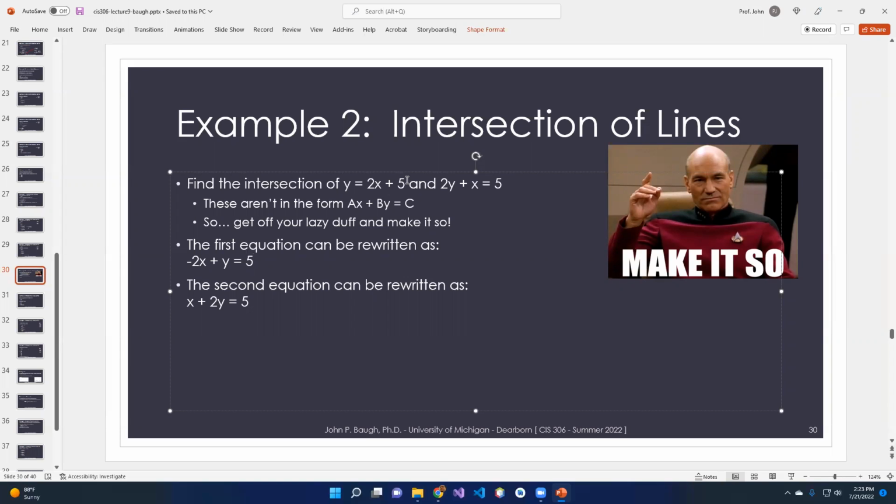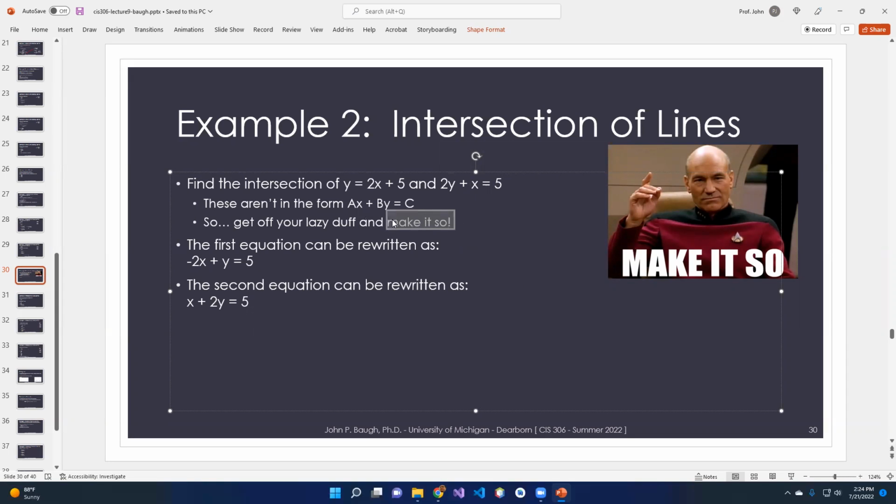That's why I started adding it, because a lot of students are very prepared for the actual material that was covered, but they might forget that it needs to be in this form for us to grab the A, the B, and the C. They might look at this and say, oh, that's 1, 2, 3, so everything's good, but they'd be wrong, because the X should have the A attached to it, and the Y has the B, and the constant is the C.